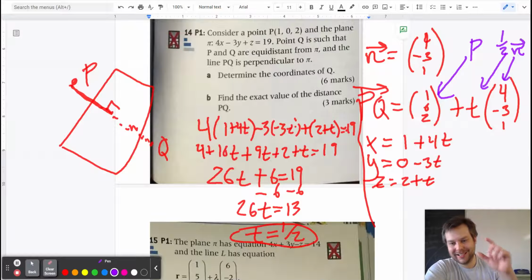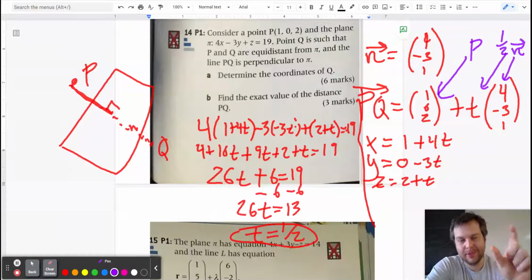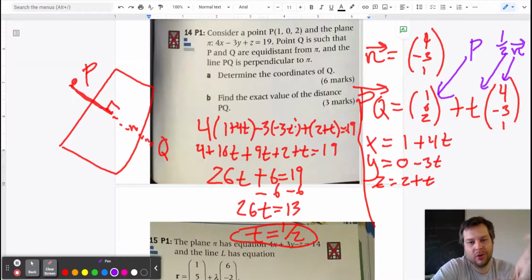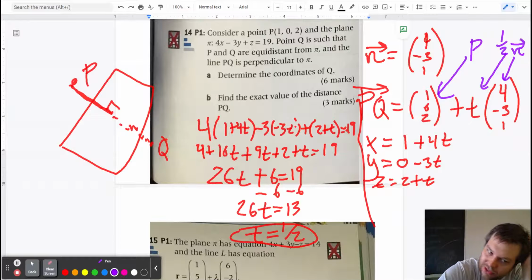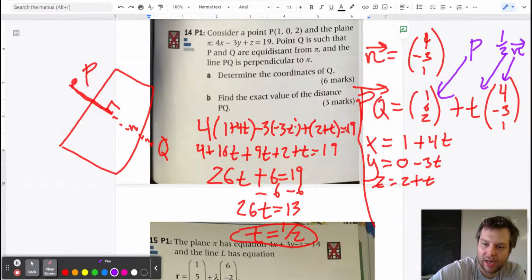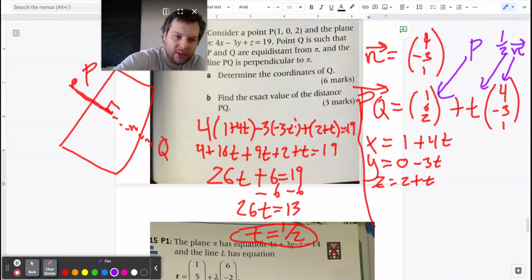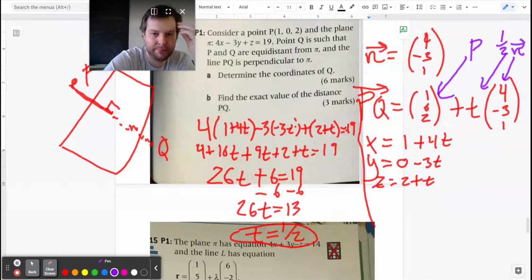And so the distance between point P and the plane is 1/2 of the normal vector. So if I move another 1/2 of the normal vector, then I am at point Q. So let's use that to determine the coordinates of point Q.